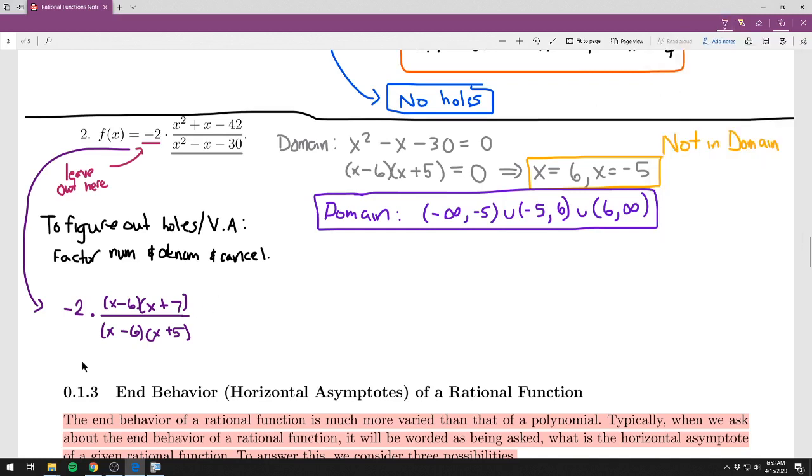And so we got this factored. Now we ask ourselves, does anything cancel? And yes, x minus 6's cancel out, but these don't cancel. All right, so let's go ahead and think about the question now. What is a vertical asymptote? What is a hole? Well, vertical asymptote is what didn't cancel out.